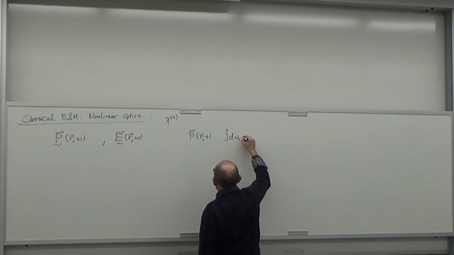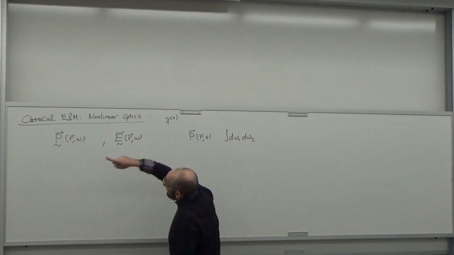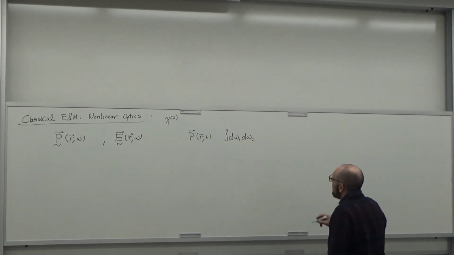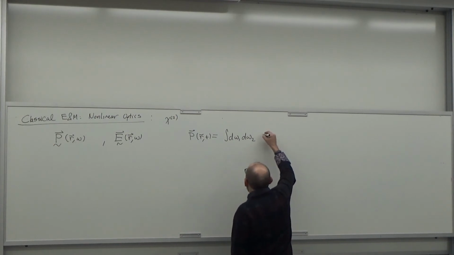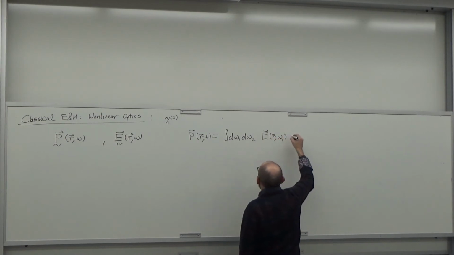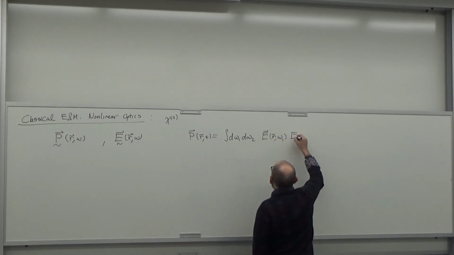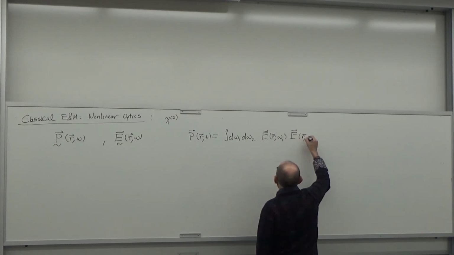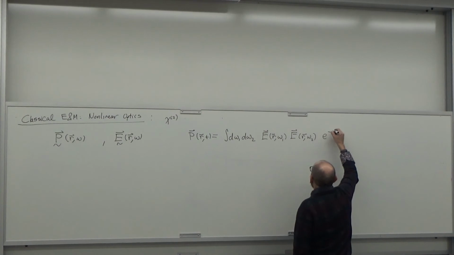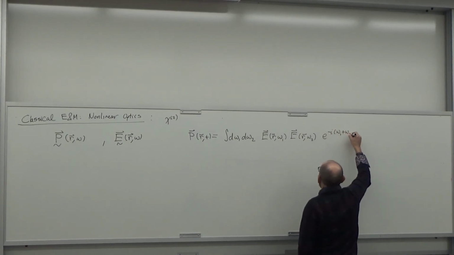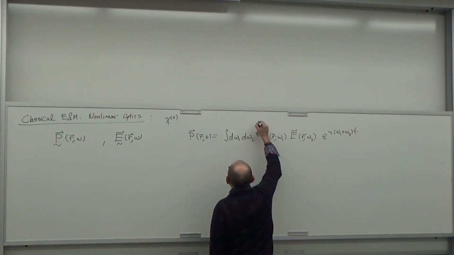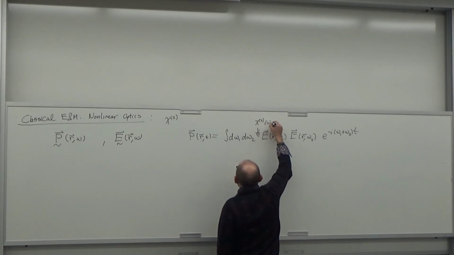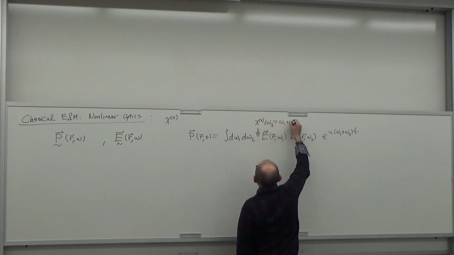Well, I have two different powers of E. And I might have the following thing: I'm going to have E at omega 1, E at omega 2, and chi2 at omega 3, which is equal to omega 1 plus omega 2.